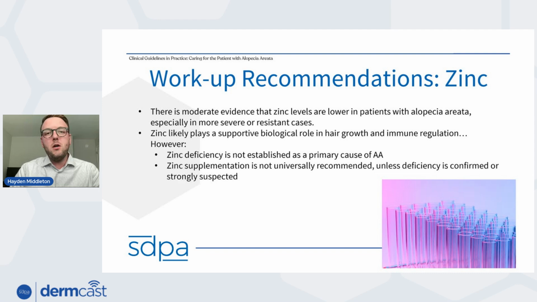It's really important to note, though, that zinc deficiency was not an established primary cause of alopecia areata, but rather it was correlated with the occurrence of alopecia areata. And even if you find a low zinc level in your patient, zinc supplementation isn't universally recommended unless deficiency is confirmed or strongly suspected.